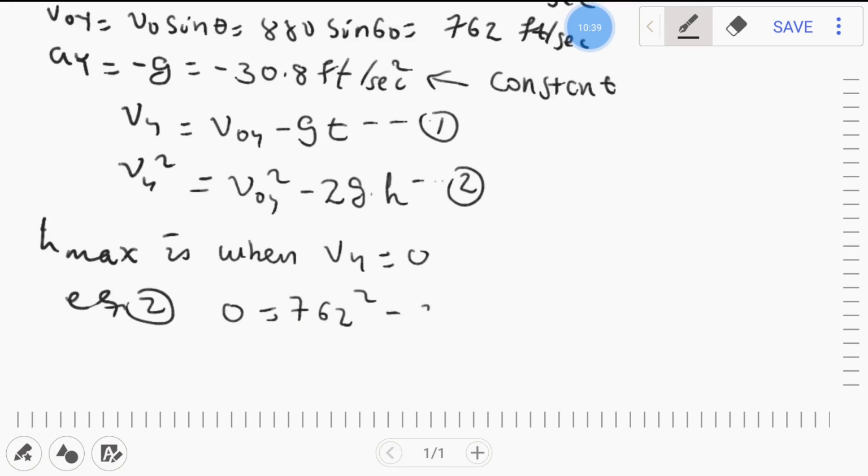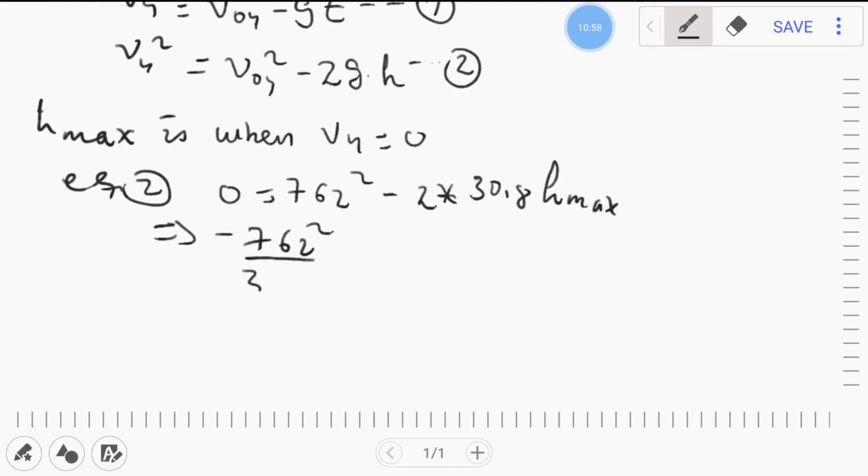The final velocity is 0, so 0 equals the initial velocity in the y direction, 762 squared, minus 2 times 30.8 times h max. Here the only unknown parameter is h max, so we can rearrange this.